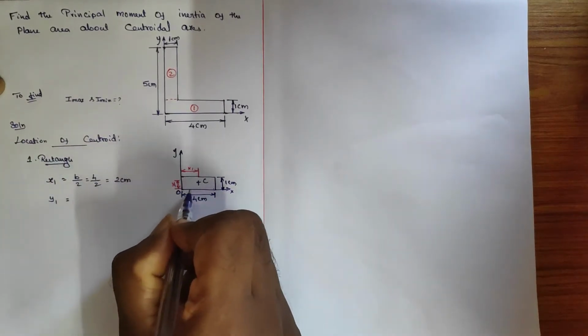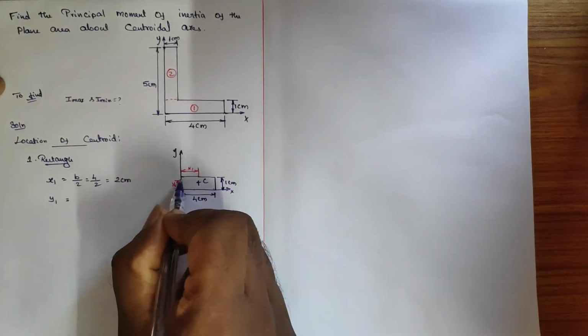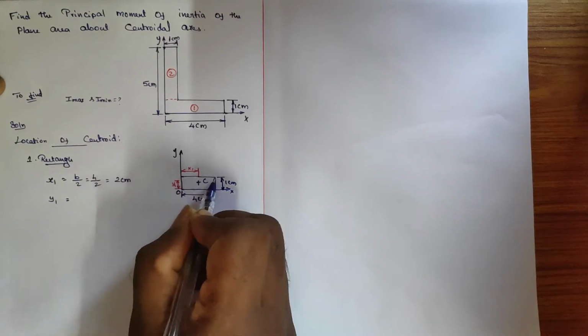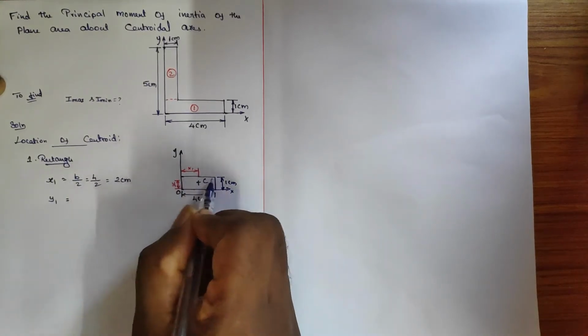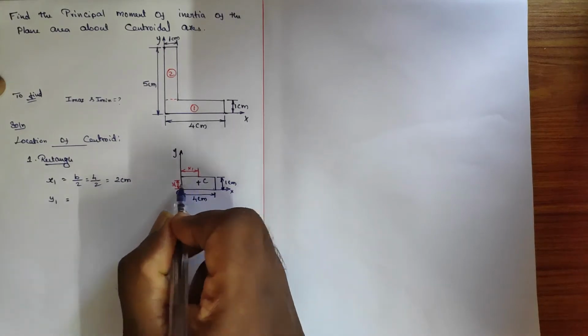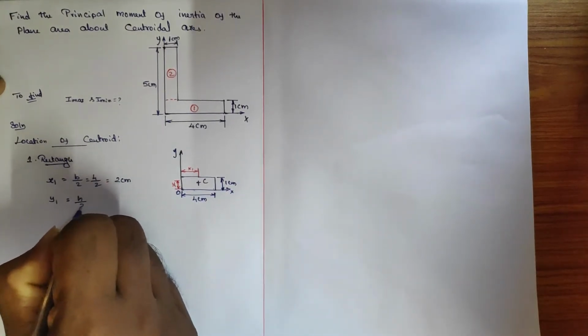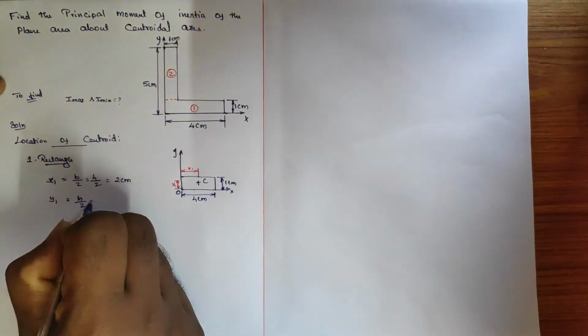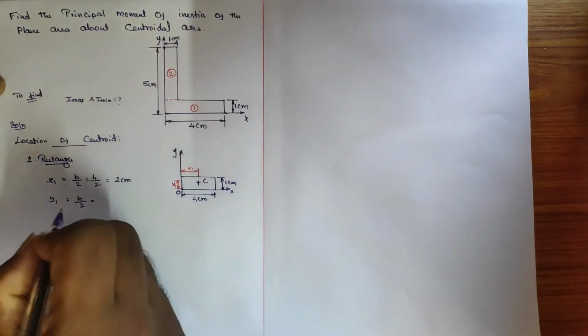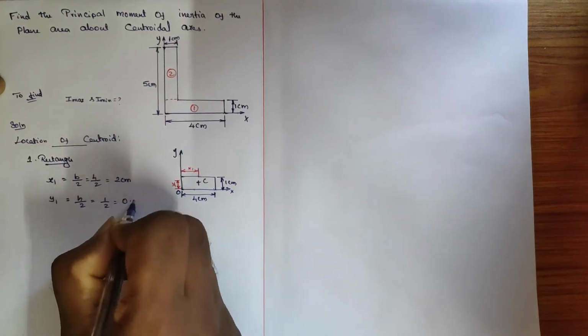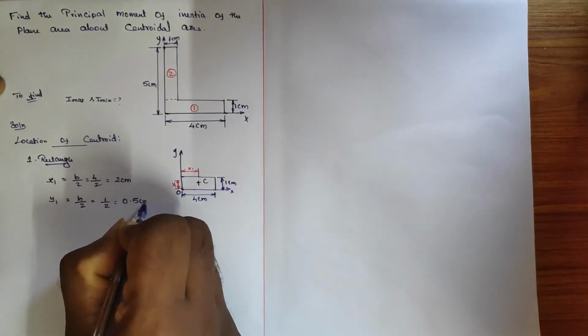y1. So here the object is just from O. It is beginning from O, there is no gap, so directly put the self-centroid formula. Self-centroid for the rectangle is h divided by 2 in order to find the y. So here the h, that is width, is given as 1, divided by 2, we get 0.5 centimeter.